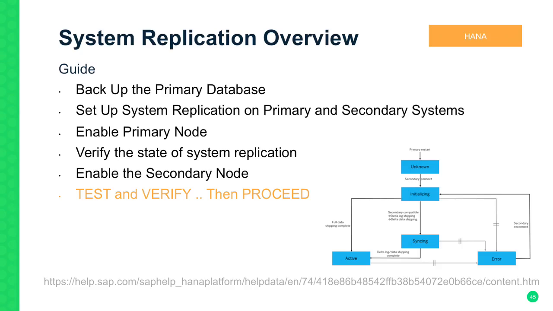So we stripped off the HA and tested system replication natively all by itself. Surprise, surprise, it hung at that level. So before you dive in and start doing HA, please test and verify system replication is working. Test the failover, fail it back. Do all the things that you need to do before you try and automate a process which may or may not work. That's my only tip.